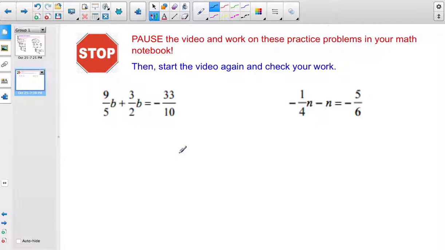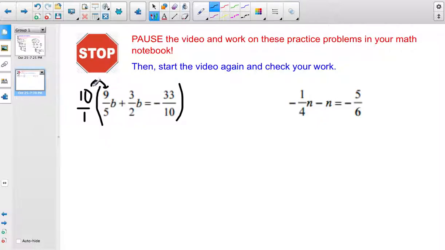Welcome back. We're now going to go over the answers for these two problems so that you can check your work. A common multiple of 5, 2, and 10 is 10. So we're going to multiply everything by 10 over 1.